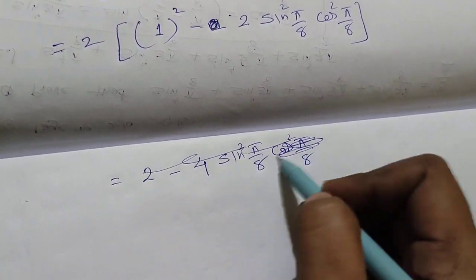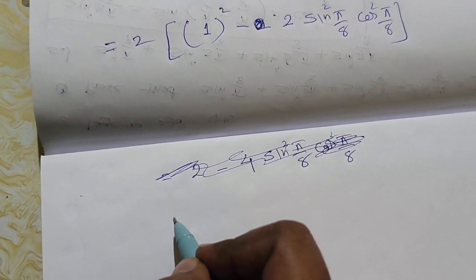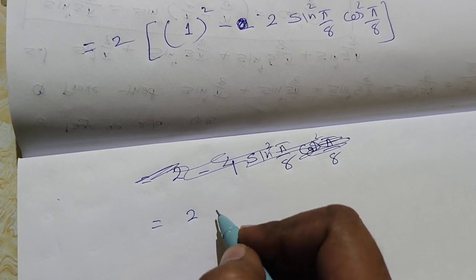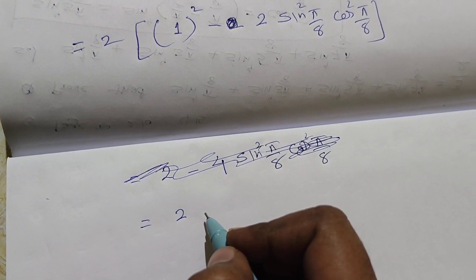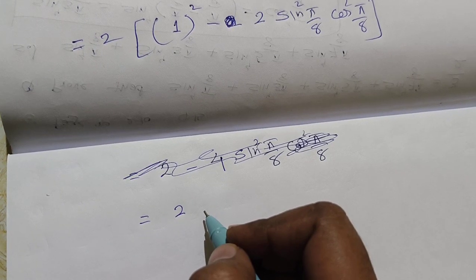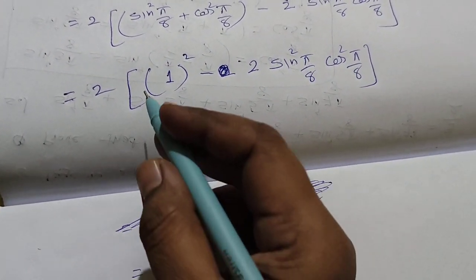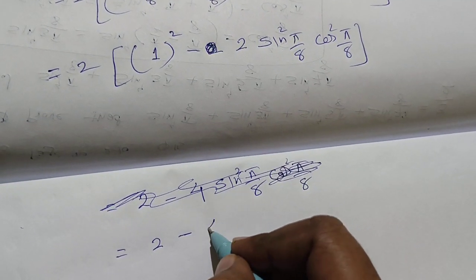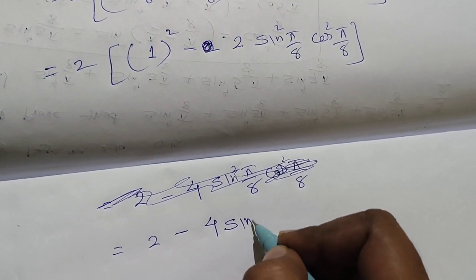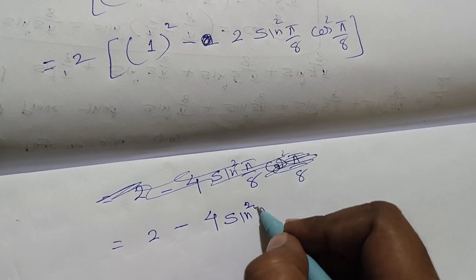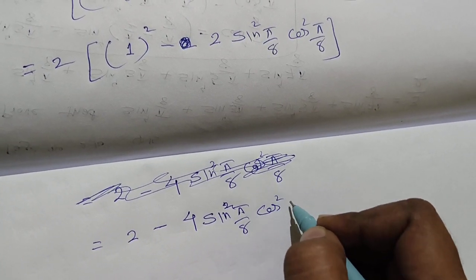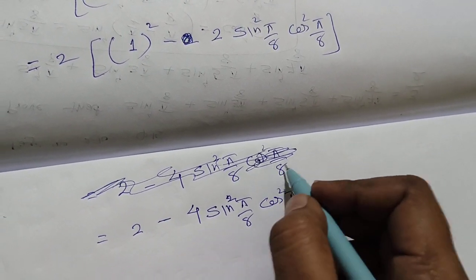Okay, no need to write this term. Sorry, we will write 2 as it is. No, here we have to multiply. 2 ones are 2 and this is 2 twos are 4 sine square pi by 8 and this is cos square pi by 8.